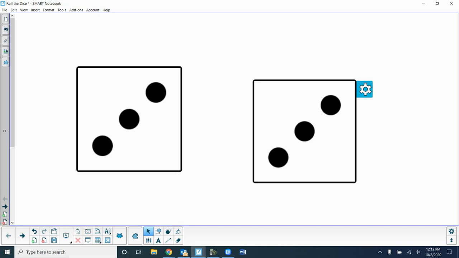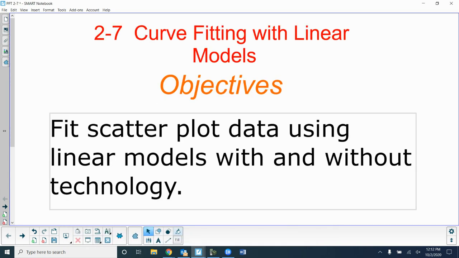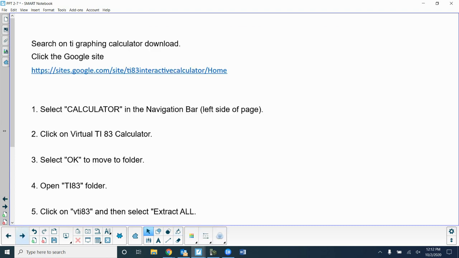Okay, back to today's stuff. We're going to do curve fitting with linear models. We're going to fit scatter plot data using linear models with and without technology, but we're going to try to do it all with technology, with our graphing calculators.